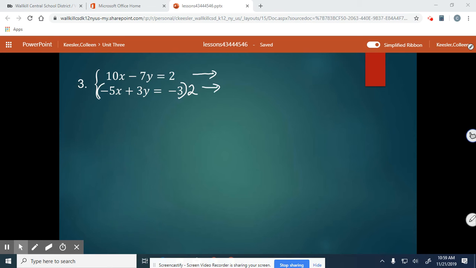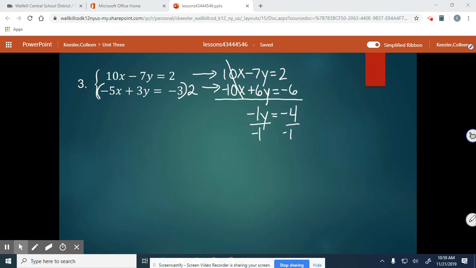So now I bring over the equations. 10x minus 7y equals 2, and underneath that, negative 10x plus 6y equals negative 6. Adding vertically, 10 and negative 10 cancel out. Negative 7 and 6 gives me negative 1y equals 2 minus 6, which is negative 4. Divide by negative 1, and we get y equals 4.